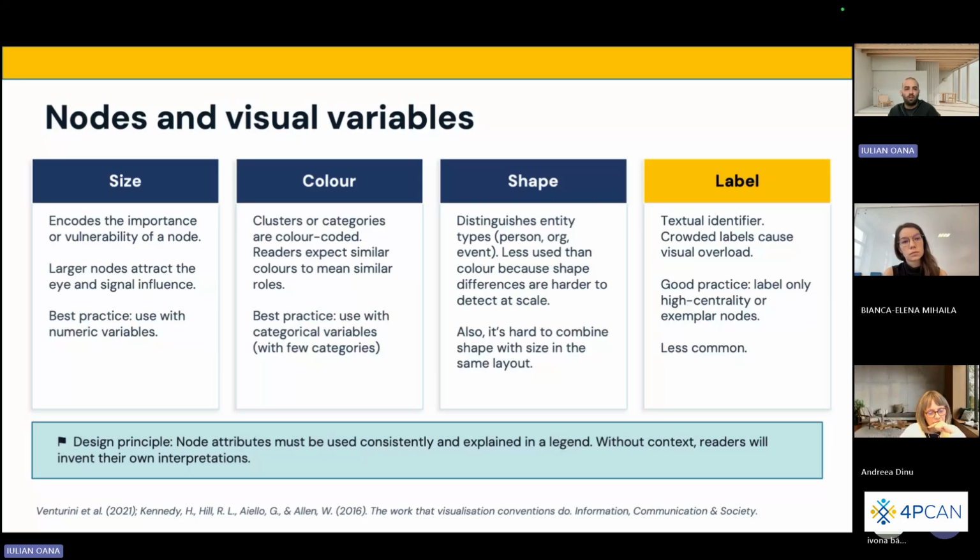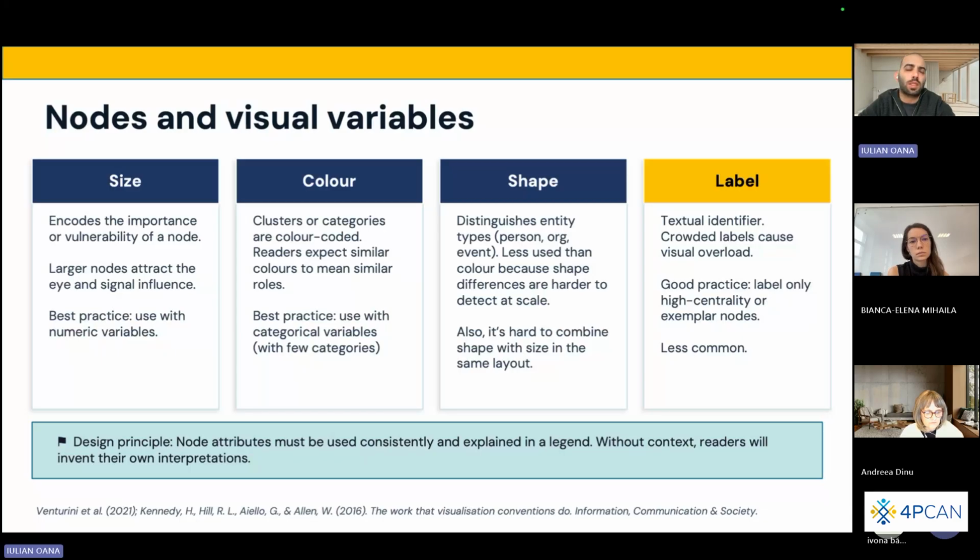Because, for example, if we set the size of a node by the number of connections, by degree centrality, we also want the reader to be aware who those nodes are. Maybe let's say they are organizations or various internet pages or internet accounts.